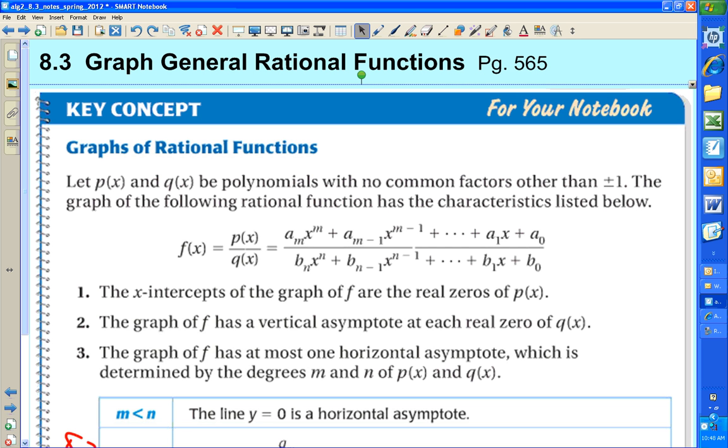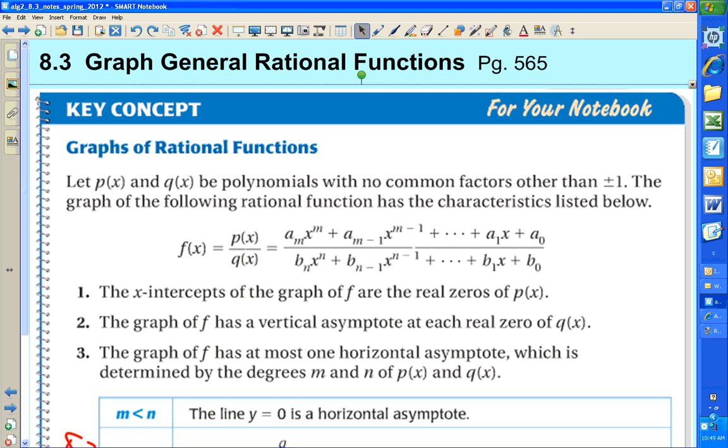Do it in your head, write it down. If you write it down, you're probably not going to make the mistakes that first period made. Set the top equal to 0 and solve for x. Whatever you get, that comma 0 will be your x-intercept. So you have some points.